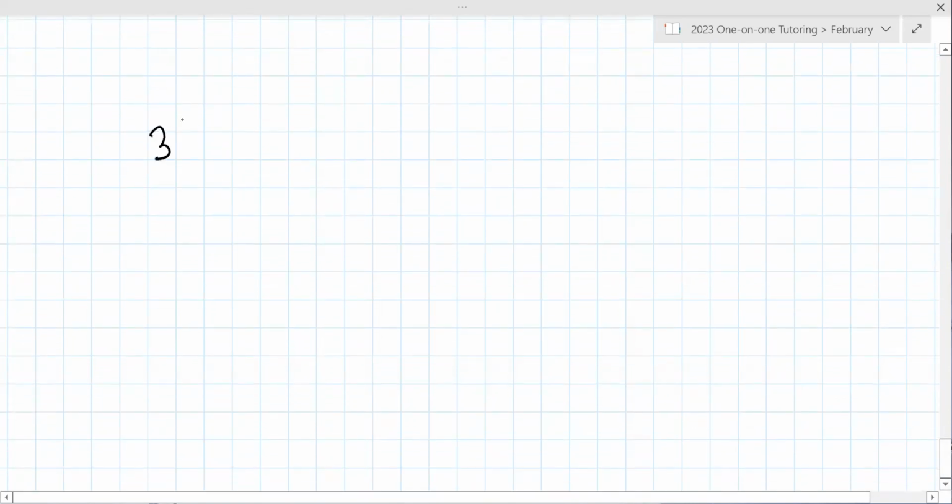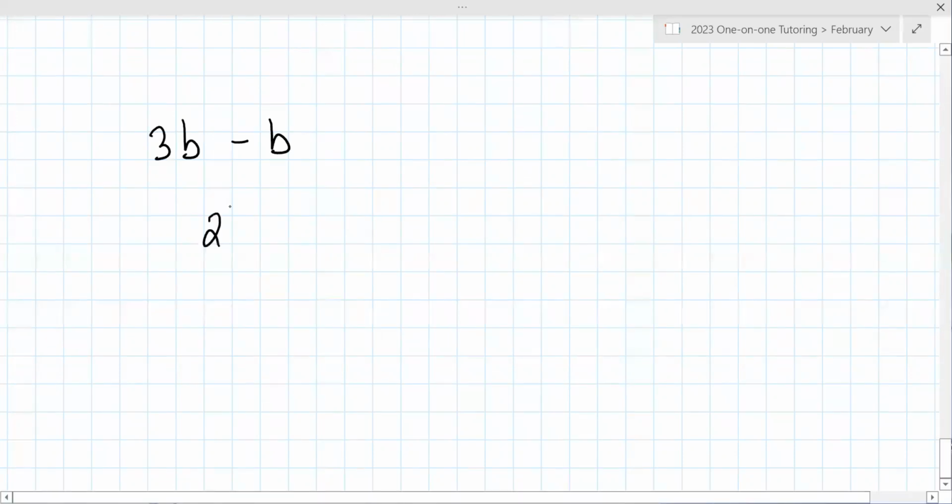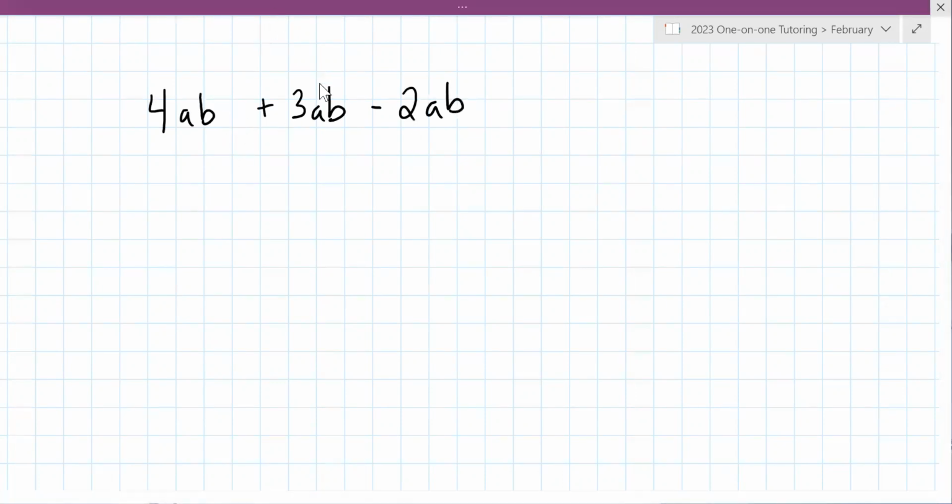Let's look at another one here. What is 3b minus b? Um, that would be 2b. Very good. Now, your expressions can have more than one letter in it. So if it's 4ab plus 3ab minus 2ab, do you see that these all have an ab in it?